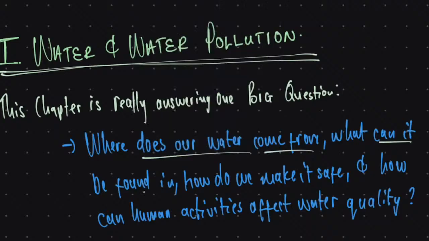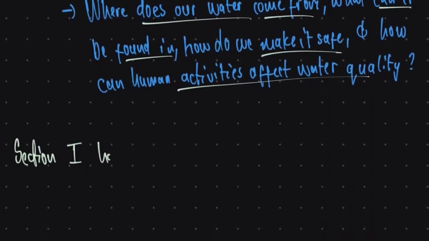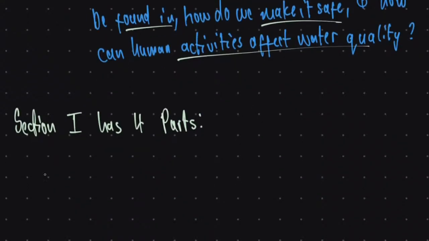So let's quickly write on that. This is what we're covering, and we move. Let's put the map of this section. Section 1 has 4 parts. Which is 1, the chemical test for water.